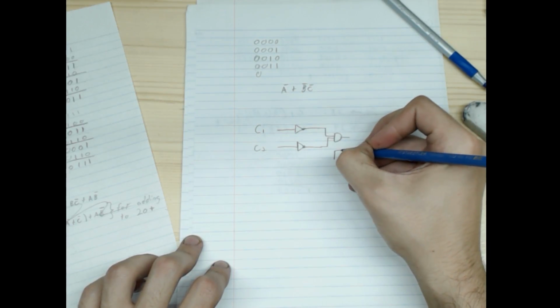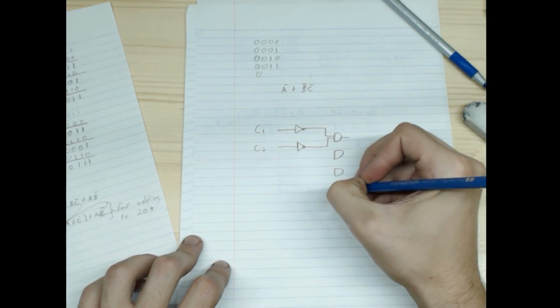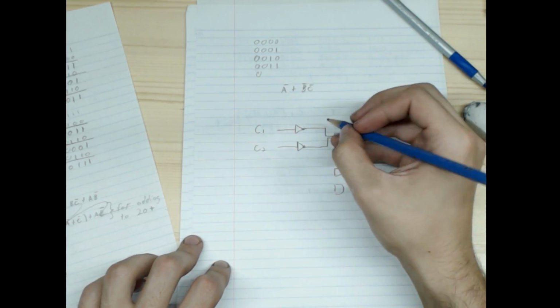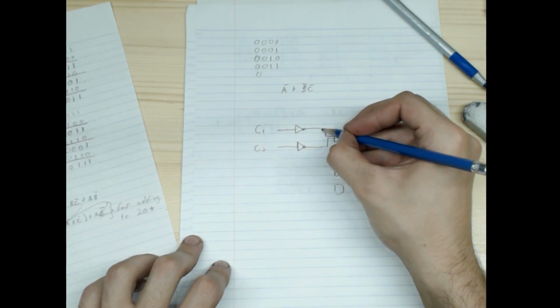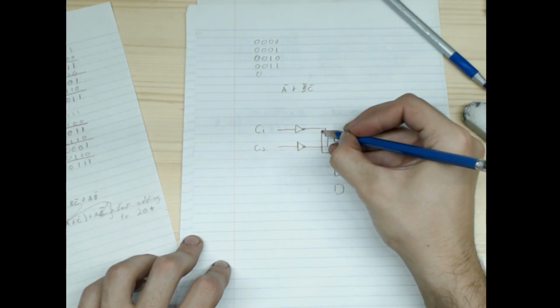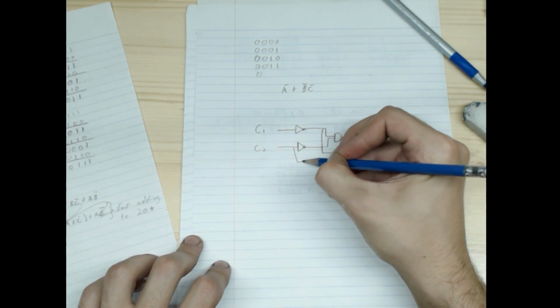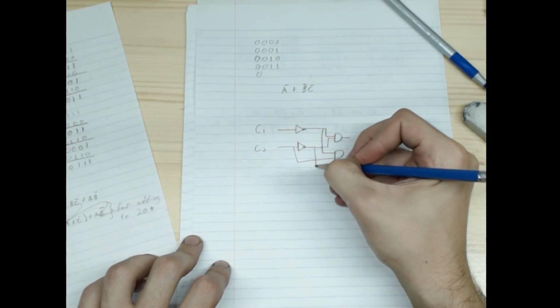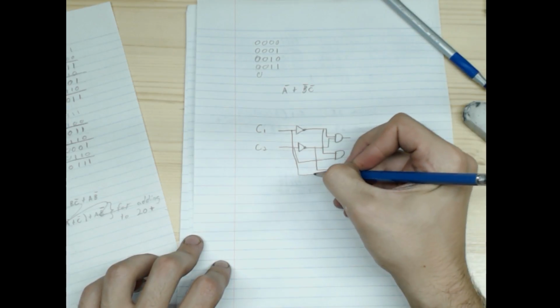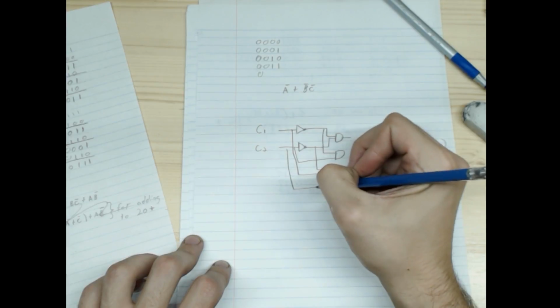And we'll draw another AND gate, another one, and another one. And it will say if this is inverted, but it's not, if this is inverted, and this is not, and if none of them are inverted.